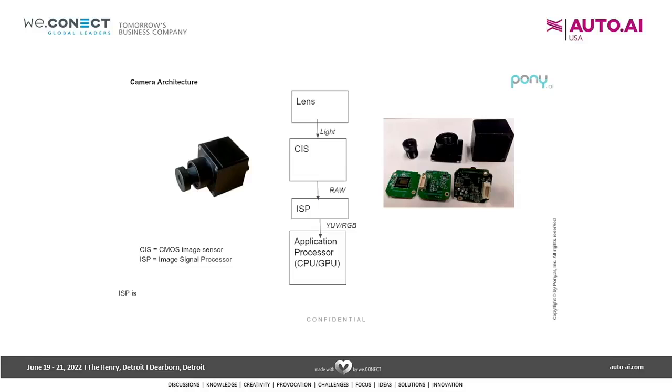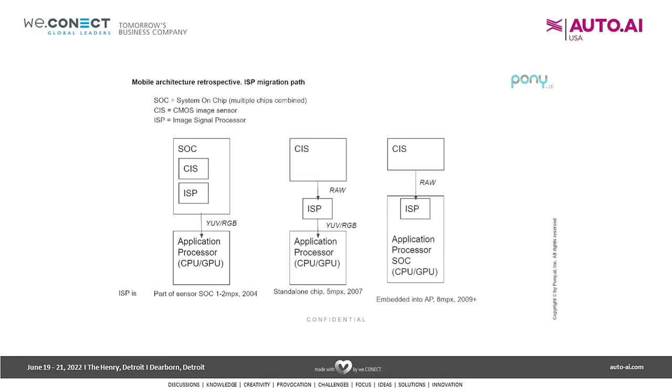And reminding you of the architecture of the camera, this is how it looks. And giving you a quick history about the mobile phone architecture. At first, the sensor and ISP were on one chip, and the application processor was another chip, at 1 megapixel on this timeline.